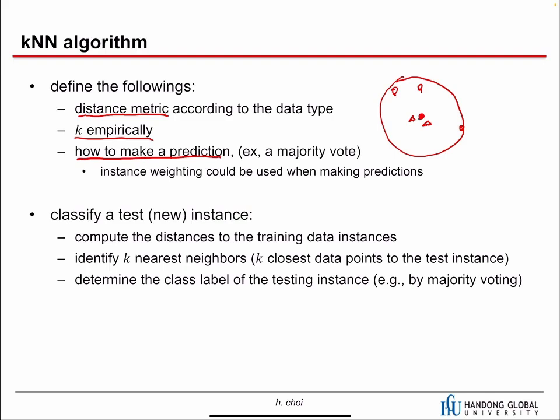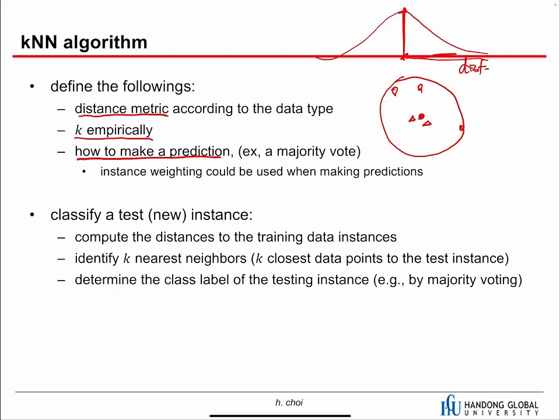Then we can simply use something like a Gaussian function. In the Gaussian distribution, we have a distance in the exponential function, so we can use it. Let's say this one is a distance. If the distance is 0, then we have a high weight.